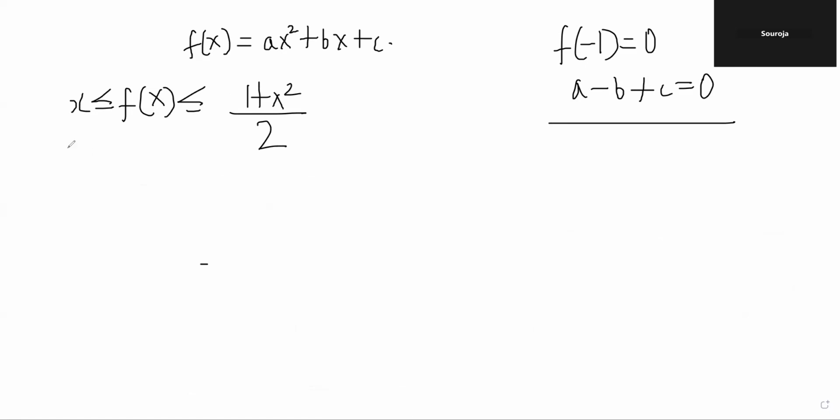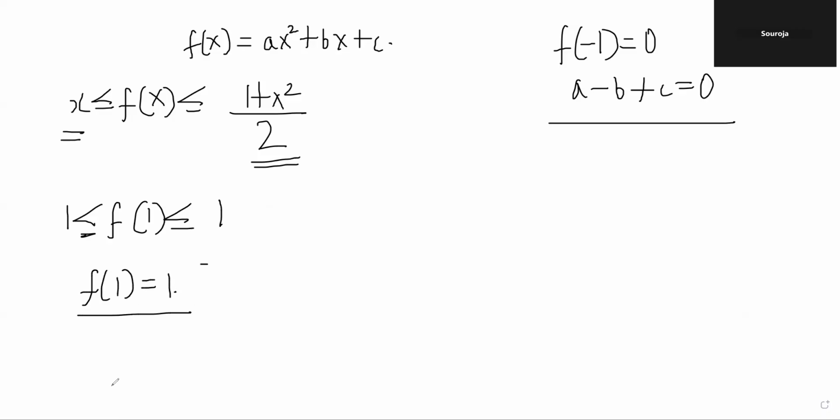So we said that it will always satisfy for any value of x. Let's pick some nice value of x. A nice value of x is 1 because both left hand side and right hand side become equal. We are getting 1 is less than equal to f of 1 is less than equal to 1, which means f of 1 is 1, which means a plus b plus c is 1.